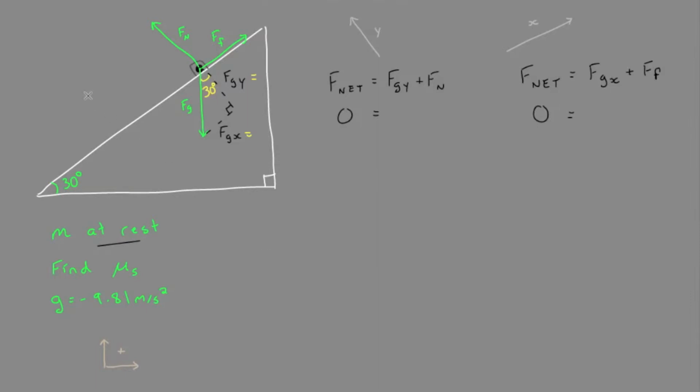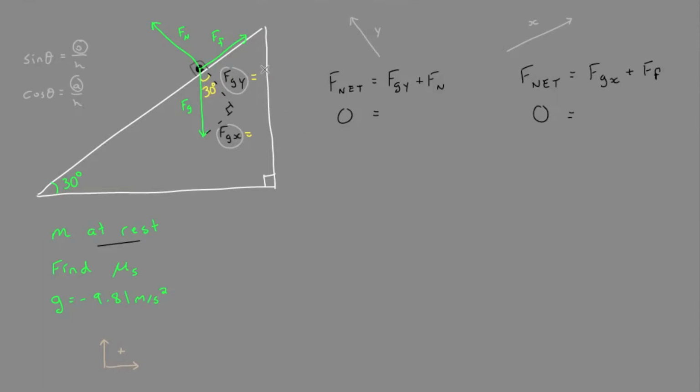So you remember that sine of some angle theta is opposite over hypotenuse, and the cos of some angle theta is adjacent over hypotenuse. And rearranging for the opposite and the adjacent, here we have the opposite is Fgx, and the adjacent is Fgy. Rearranging for those, we should be able to write in terms of Fg.